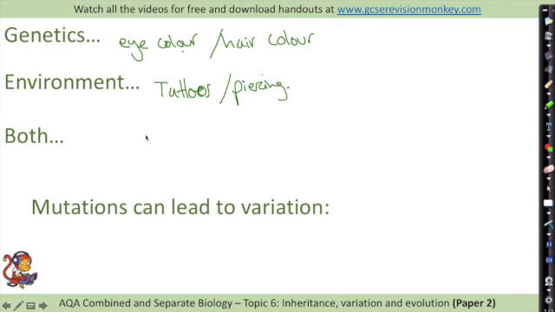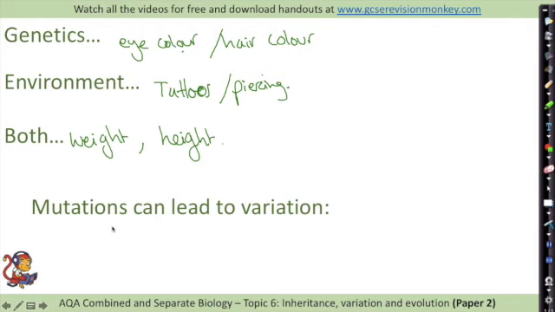And some variation can be determined by both genetics and environment, things like weight. Obviously, you can have metabolism and things which are genetically based, linking into determining your weight, but also what you eat in your diet and your lifestyle. Again, with height, your genetics will predetermine your maximum height, but the food that you eat and how well nourished you are will determine whether you reach that maximum.